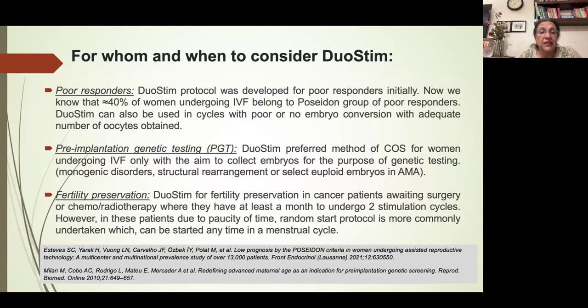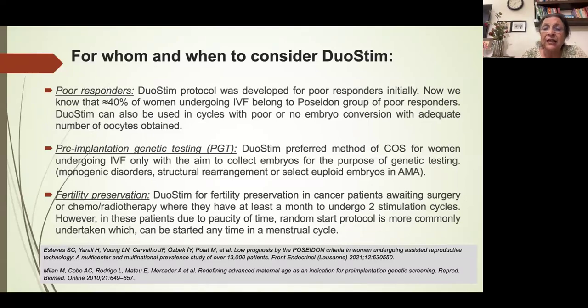And last is fertility preservation. Like I told you earlier, Diostim for fertility preservation in cancer patients awaiting surgery or chemo or radiotherapy, if they have at least 1 month, can undergo 2 stimulation cycles. We can start a random start and take up 2 stimulation cycles.